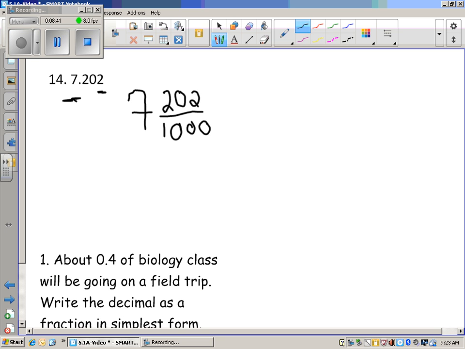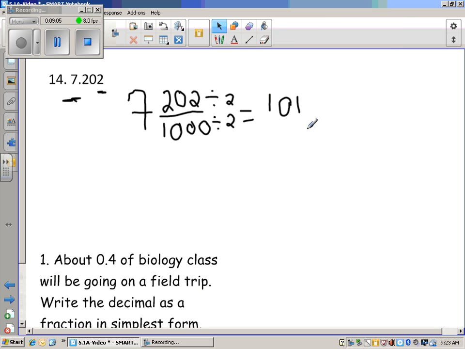Now, I need to simplify 202, so I'm going to divide the top and the bottom by the greatest common factor, which is 2. And that's going to leave me with 101 on the top and 500 on the bottom.